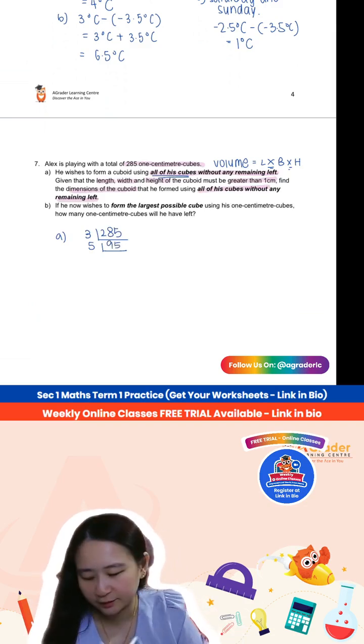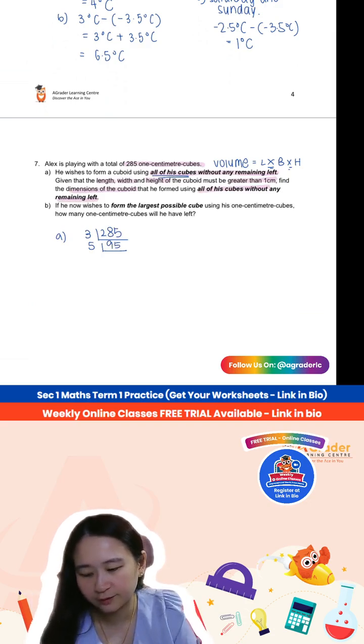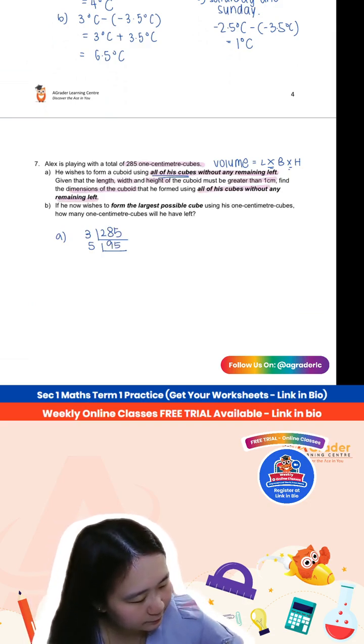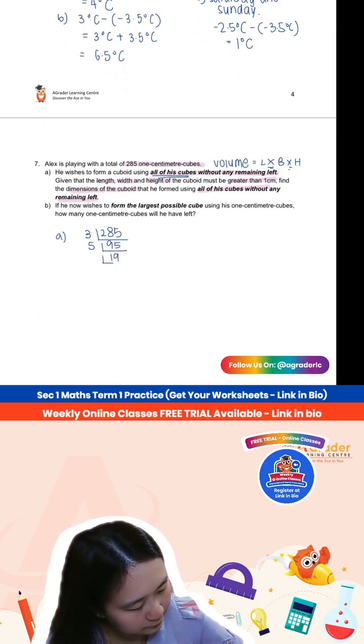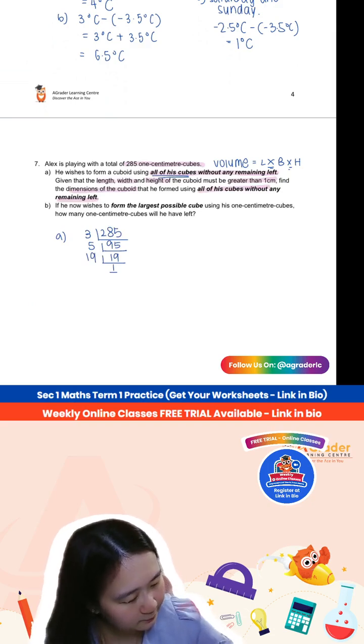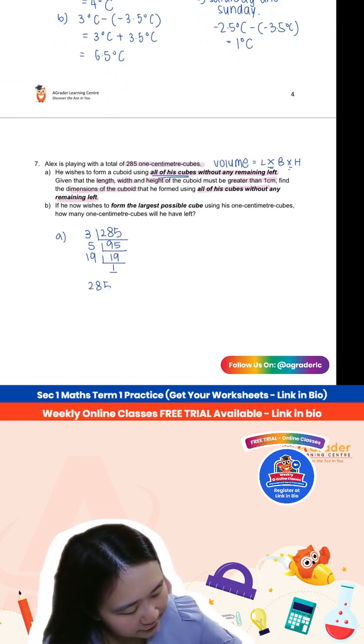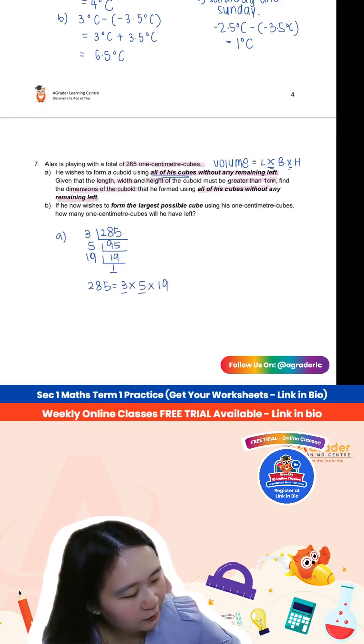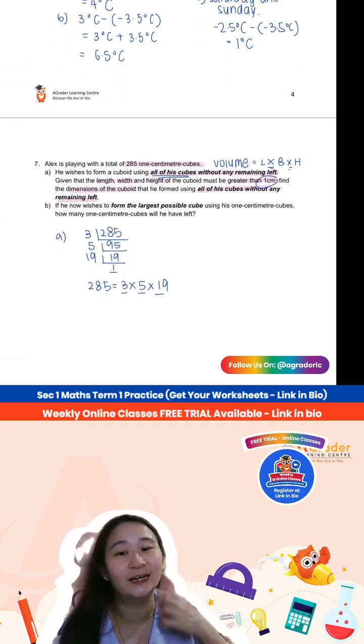Then 95 divided by 5, we get 19. Then divide by 19 is 1. So 285 equals 3 times 5 times 19. They are all definitely greater than 1 cm.